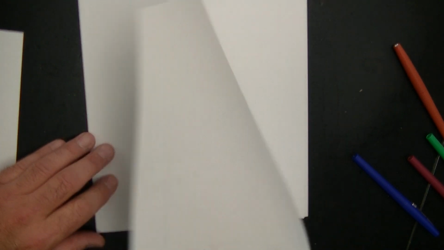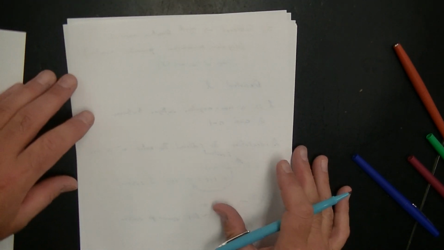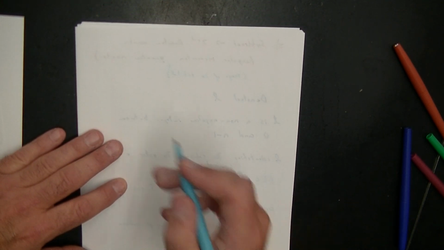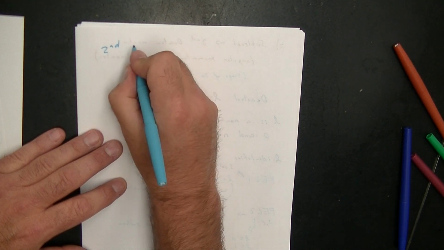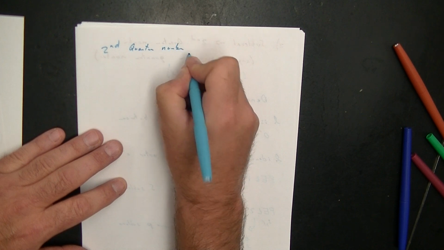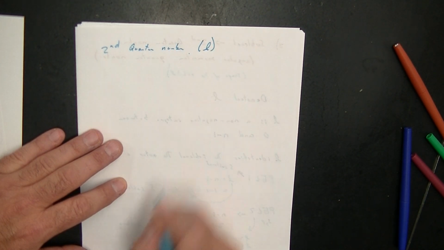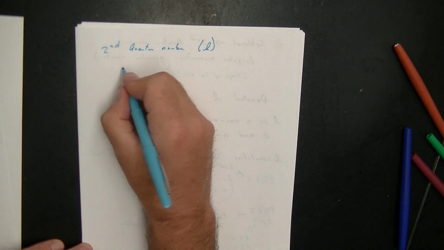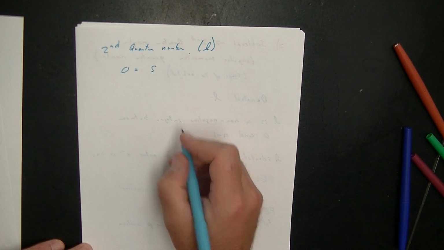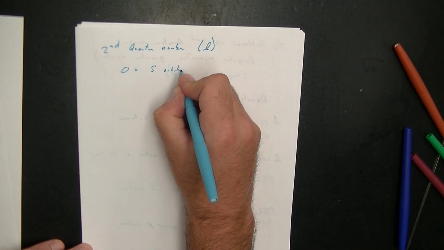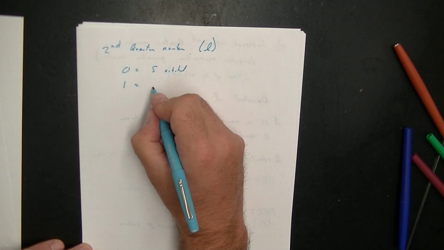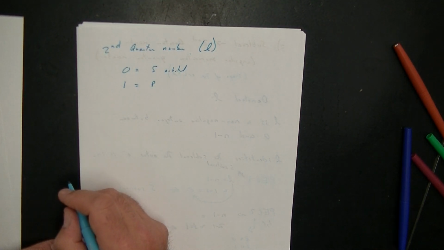So let's quickly summarize. Our second quantum number is L. If L is 0, it tells me that the last electron is in the s orbital. If L is 1, the last electron is in a p orbital.